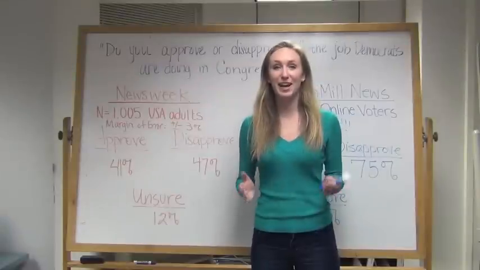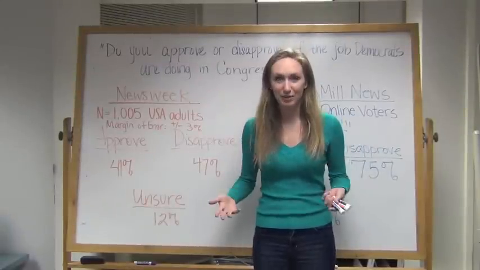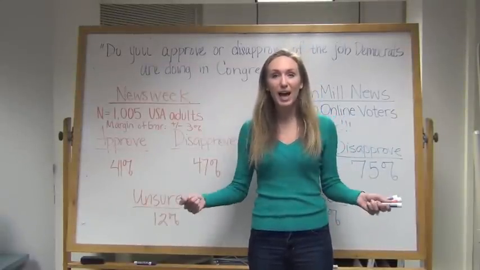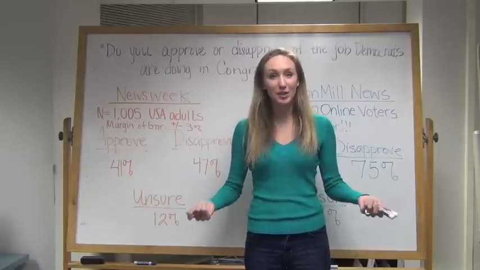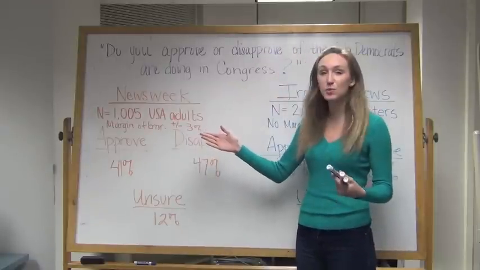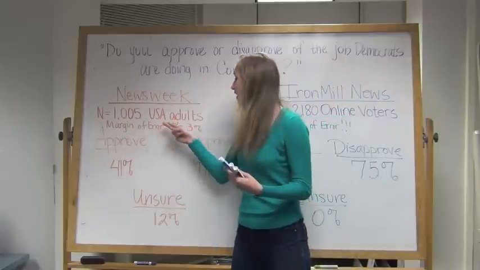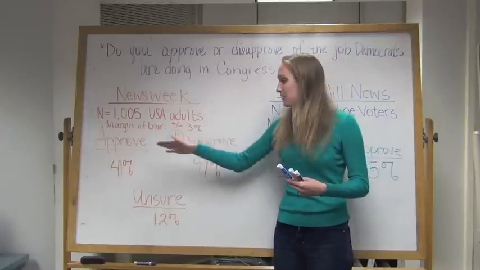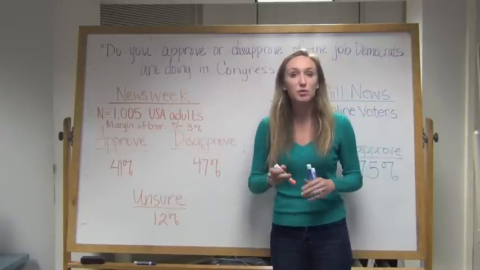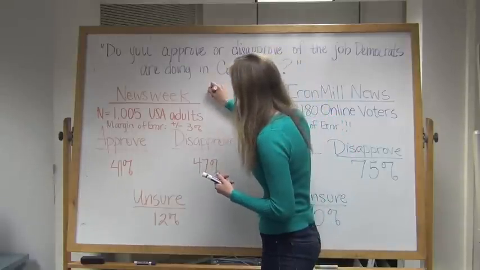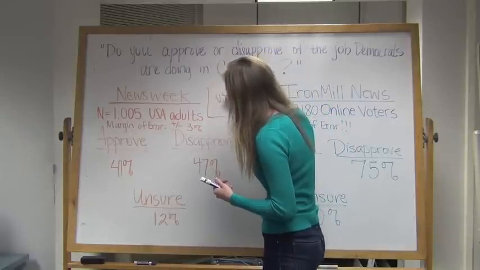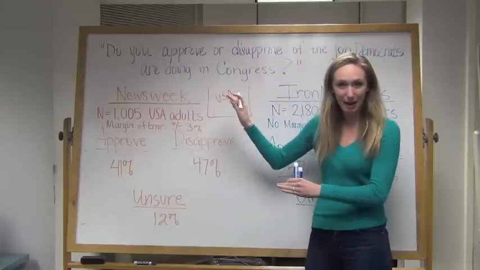The second major advantage to a randomized survey is that we're able to apply the statistics we've been using all year to them. So you'll notice that this Newsweek survey reported a margin of error of plus or minus 3% for each of their results. What this really means is Newsweek understood that they had all of these American adults' opinions in a box.